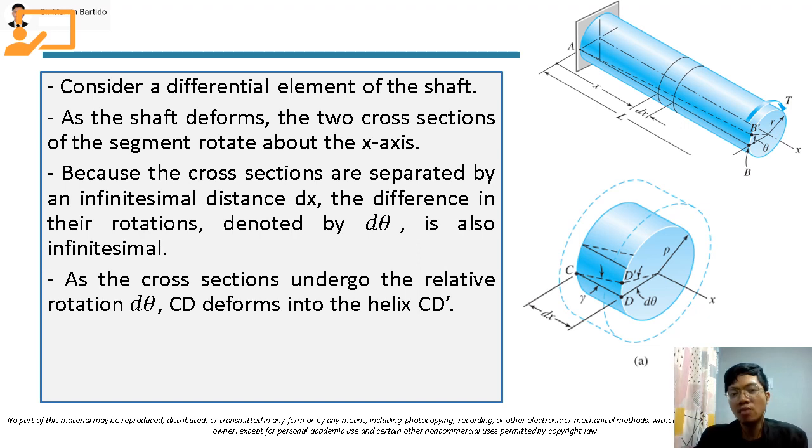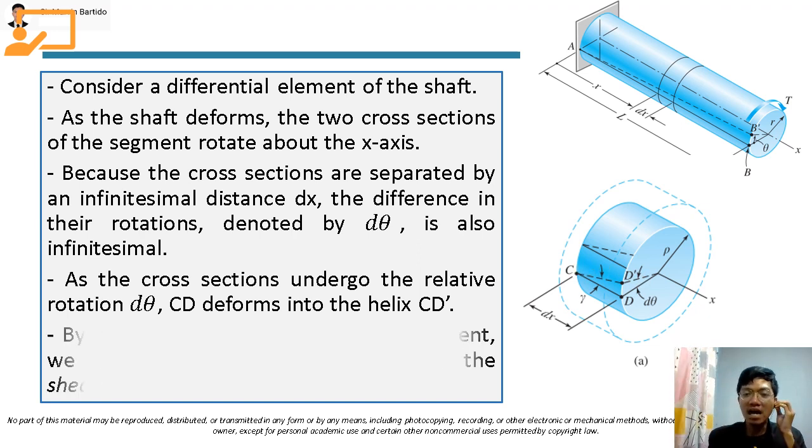As the cross sections undergo the relative rotation d theta, CD deforms into the helix CD prime. Originally this was the position of line CD, but because of the applied torque, it is distorted into helix CD prime.